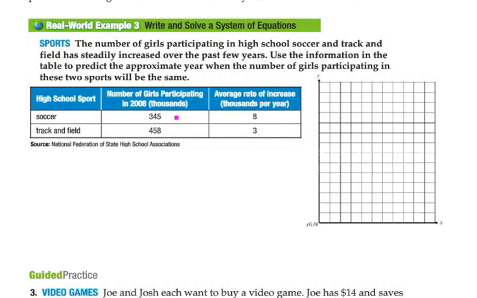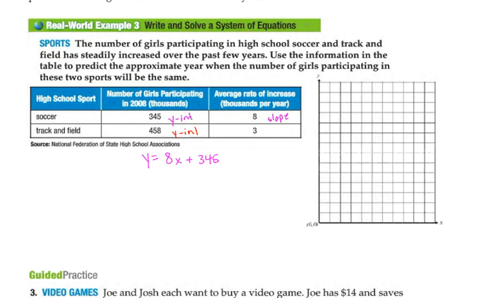So look at this. This is my y-intercept because that's where I started in 2008. This is my slope because that's how much I'm increasing per year. So I'm going to just write these as y equals. I know that I have 8 per year plus 345 for soccer.